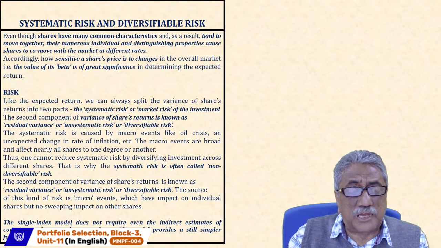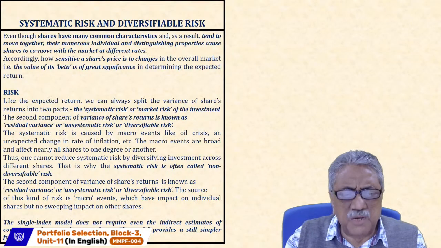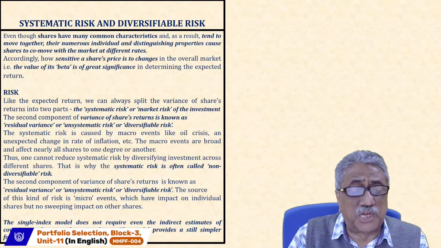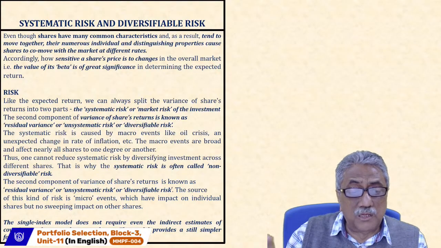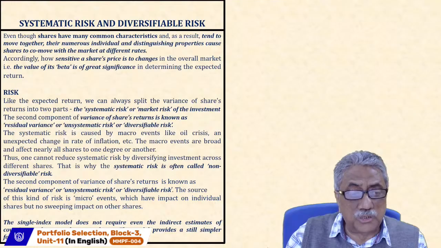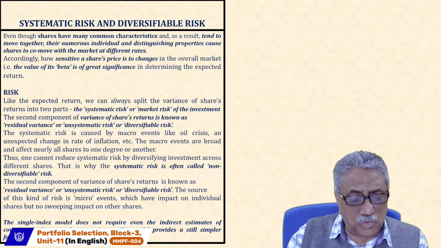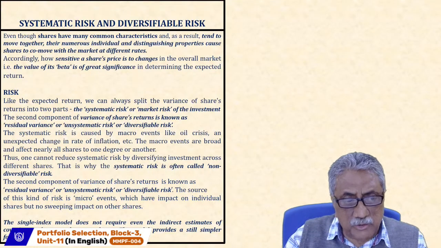Because the source of this kind of risk is micro events which impact some stock. Some steel policy change, so steel price will fall. But HDFC will go well, bank will do well, so your portfolio return will be good and your risk will come down. So you will ultimately reduce the risk.